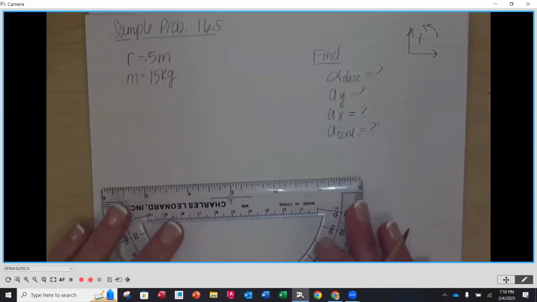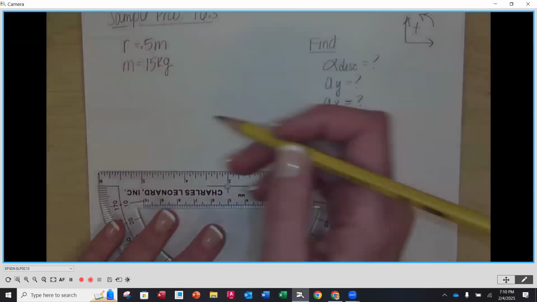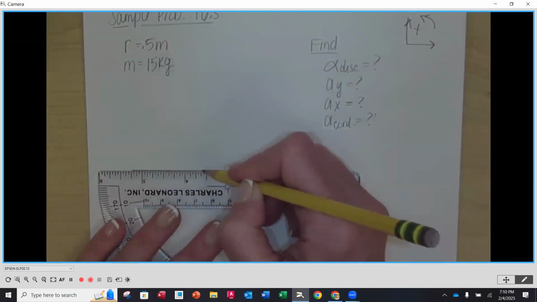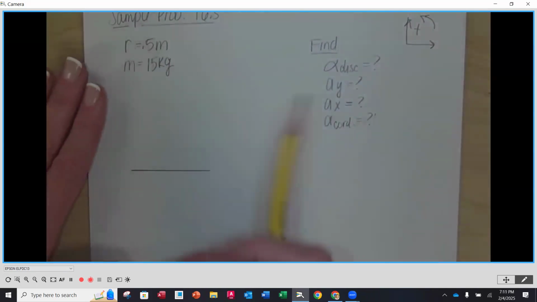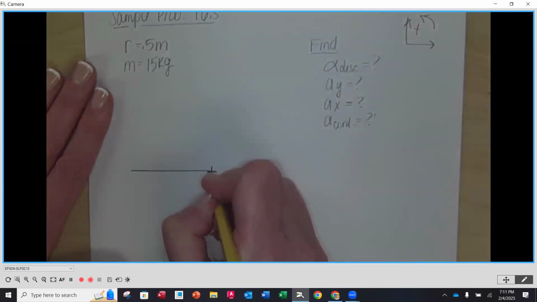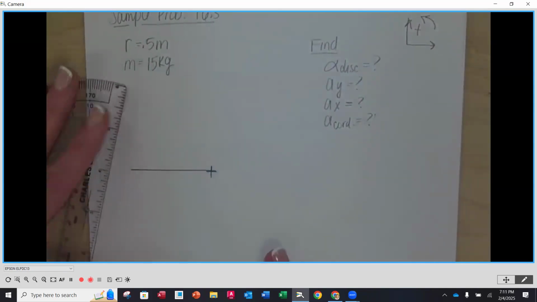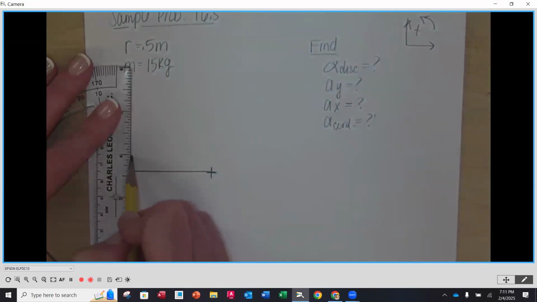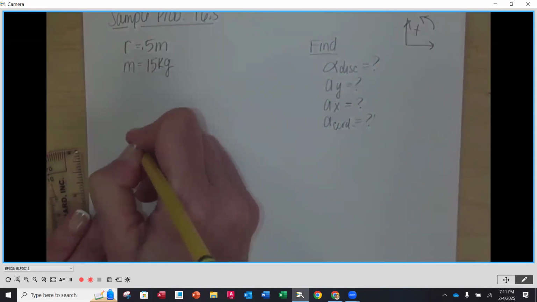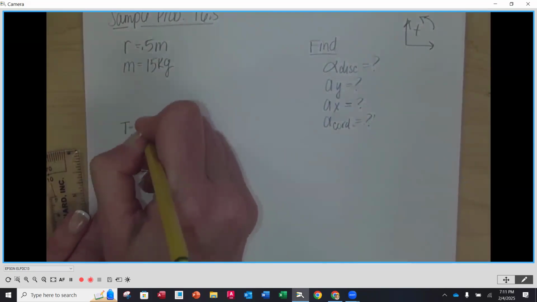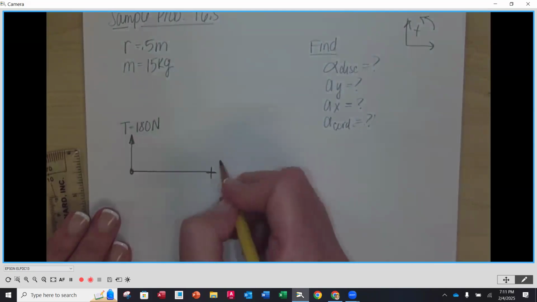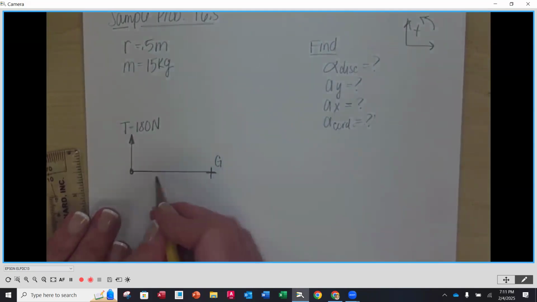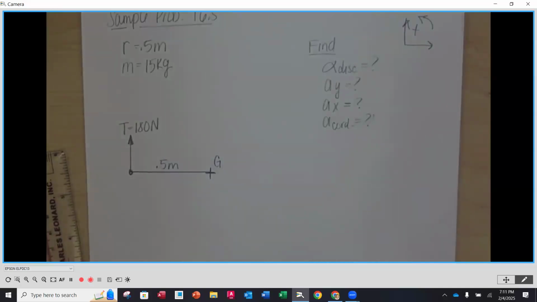All right, so we're going to draw our diagram. This is going to be my G, and I'm going to look at the left-hand side because I've got my tension of 180 newtons in that cord. And this is G, and the distance here is 0.5 meters to the end.